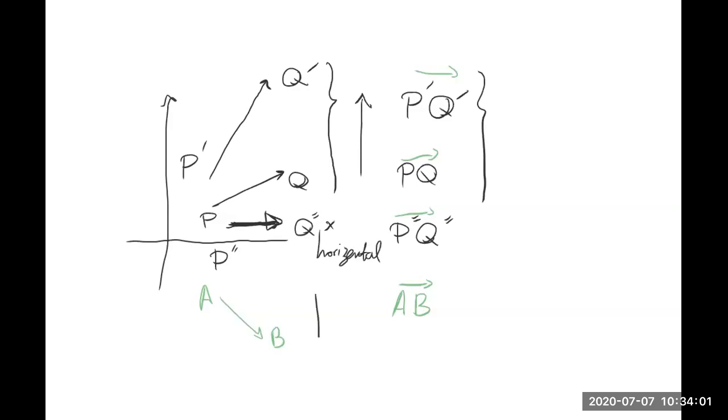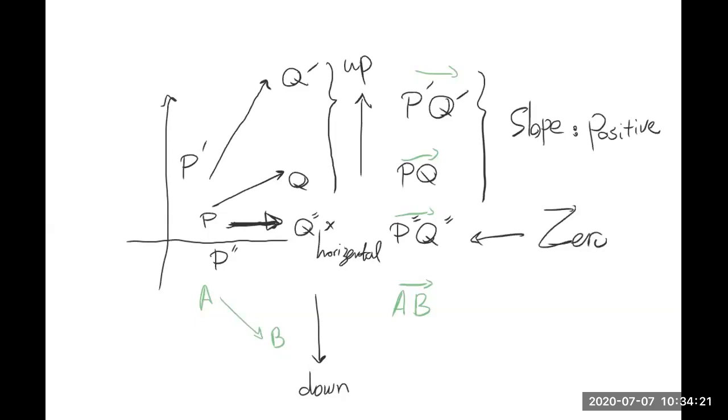And this one goes down. Now, the slope of these upward vectors is going to be positive because they go up. The slope of this vector is going to be 0 because it's horizontal. And this one, which goes down, its slope is going to be negative.